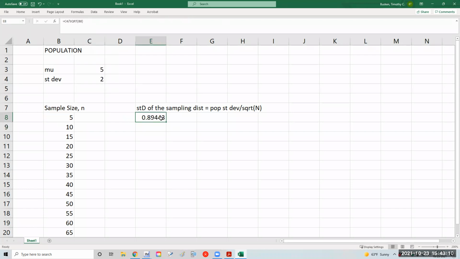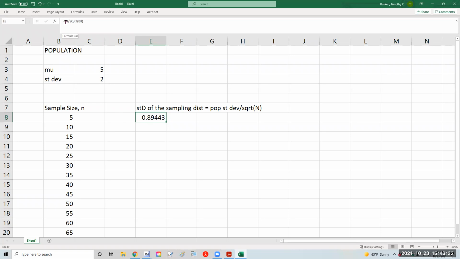And now I just want to grab and drag and get these other values of the standard deviation for the different sample sizes. So you're going to have a different sampling distribution graph for each one of these. Before I drag this down, I need to fix the value of the population standard deviation to be 2.